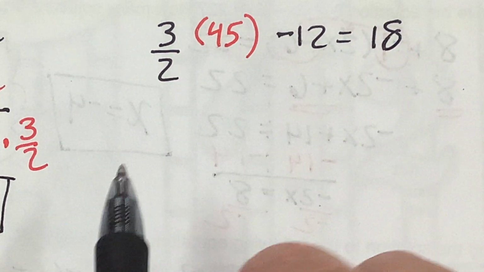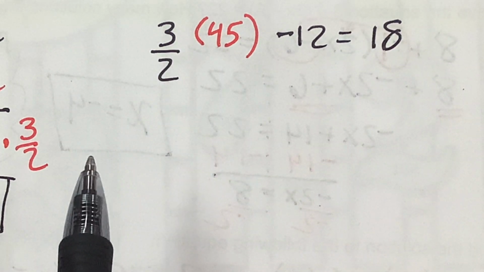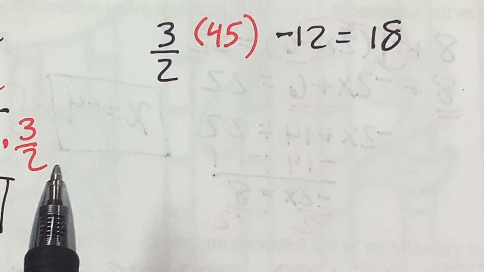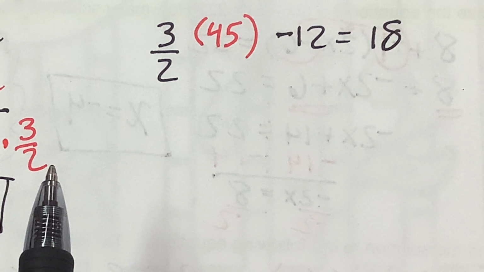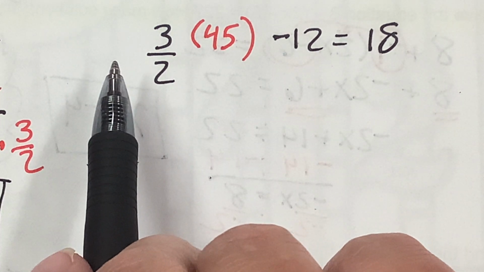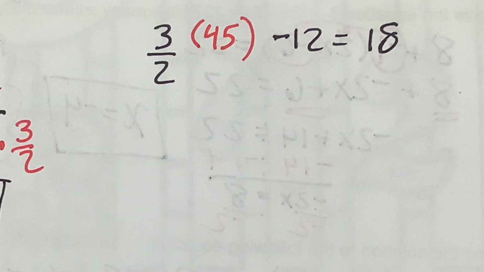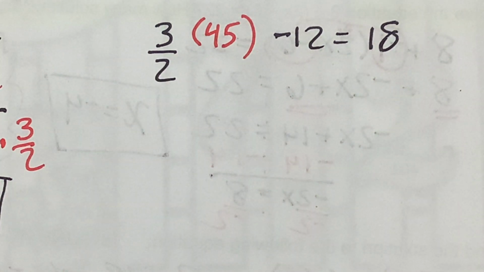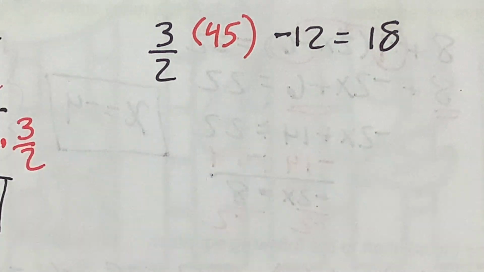Okay, let's try this. I think I did it wrong. Did I do that wrong? No, that's right. All right. Yeah, watch what happens. 3 times 45. I don't know. Hey Siri, what's 3 times 45? Oh, it's 135. Hey Siri, what's 135 divided by 2?